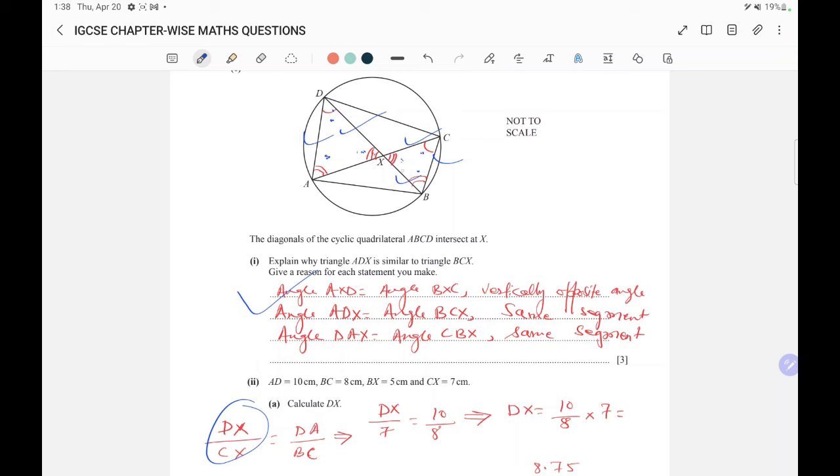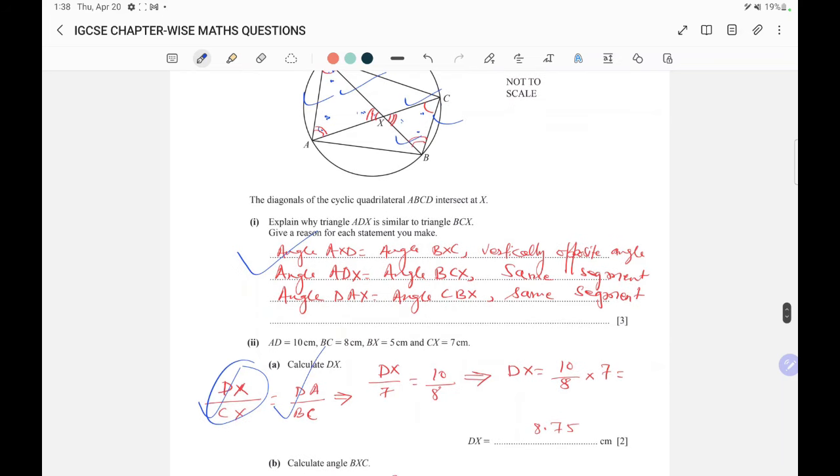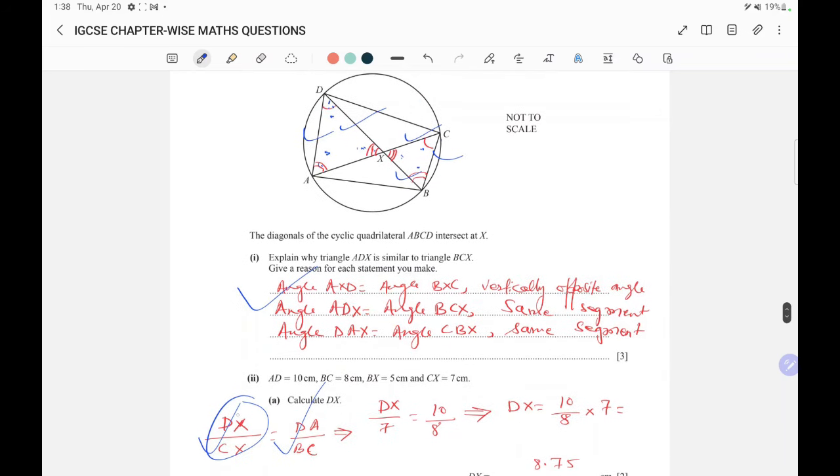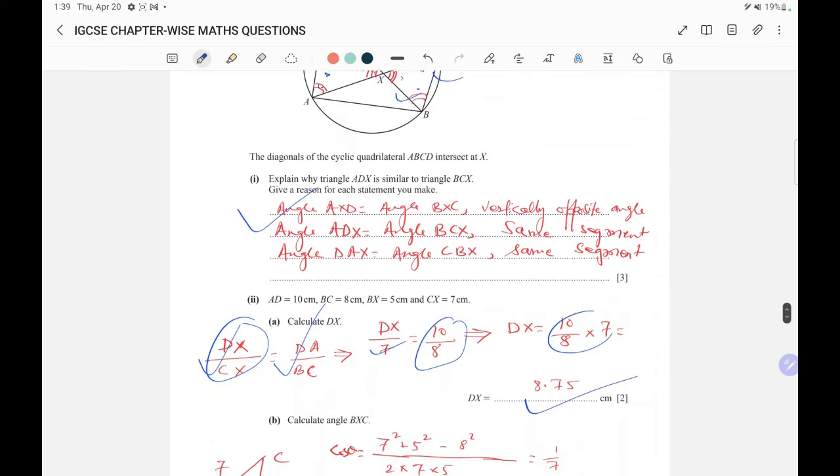Similarly, angle 1 and angle 3 is CX, so I have to write. Then DA between angle 1 and angle 2, so here BC, I have to write DA over BC. So DX I have to find, but CX is already given to us, 7. DA is 10 and BC is 8, so just write 7 over there. This is again simple question.